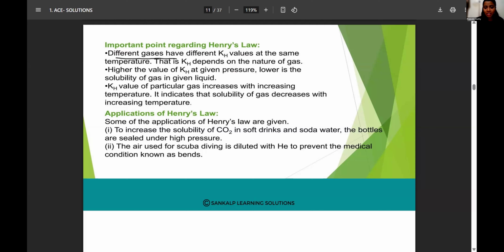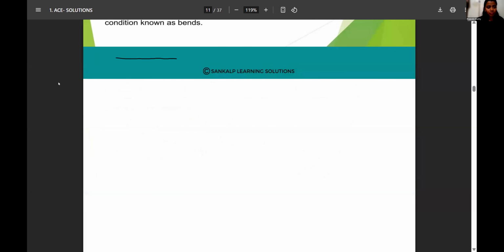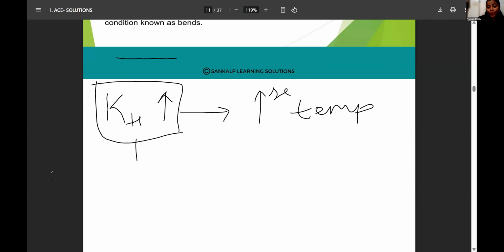Okay. Then it indicates the solubility of a gas decreases with increase in temperature. Again, let me give you a short point here. Remember the KH value increases with increase in temperature. And if KH value increases, higher the KH value, lower the solubility.